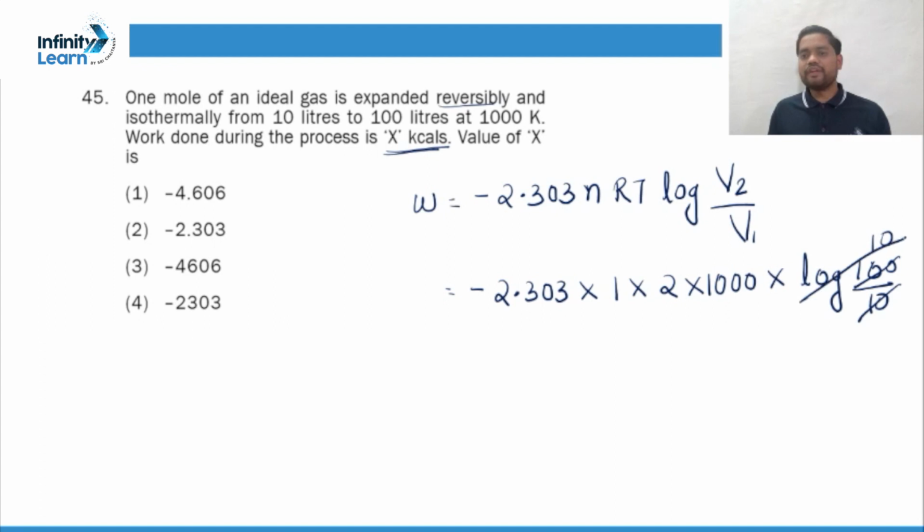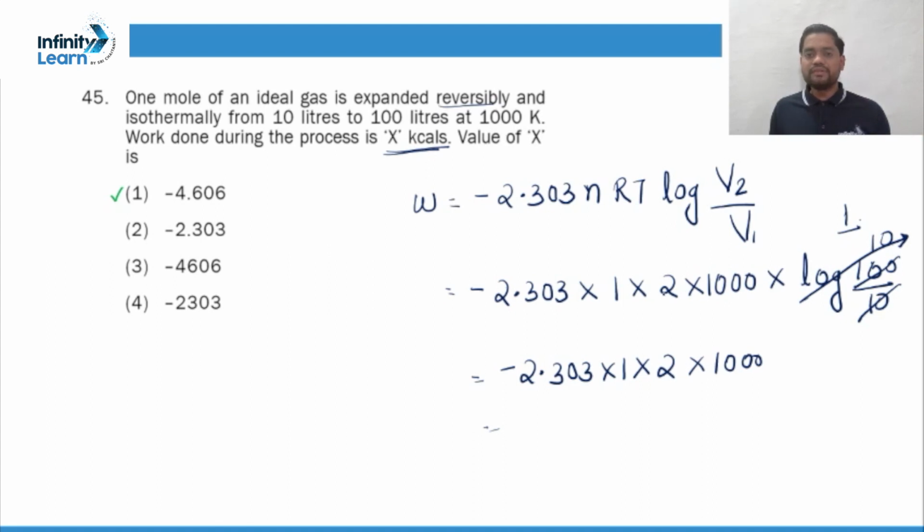So this is log of 10, and log of 10 is equal to 1. Clear? So that is minus 2.303 into 1 into 2 into 1000.